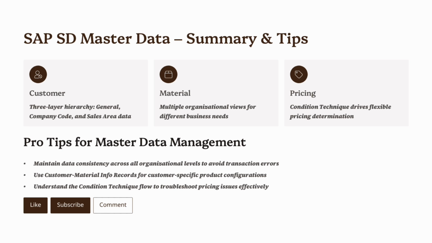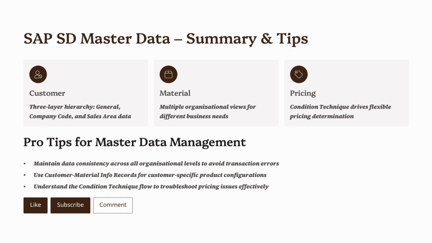Material master data holds product details such as plant, tax classification, and item categories. 3. Pricing master data defines pricing logic using the condition technique, where SAP automatically determines prices, discounts, and taxes.